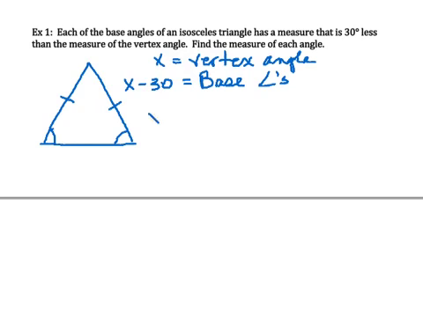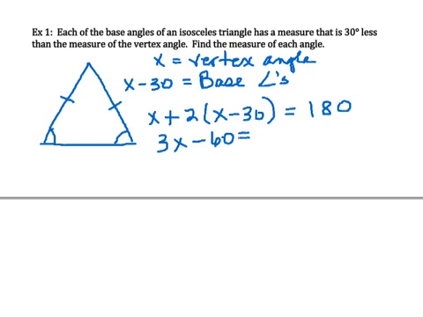So I have one vertex angle, and I can either write out x minus 3 2 times, or I can simply write it as 2 times the base angles. Either way, we're going to get the same answer. So once we do a little algebra, you're going to distribute your 2, get 2x minus 60, and combine like terms, you'll end up with 3x minus 60 equals 180, and 3x is equal to 240. X is equal to 80 degrees.